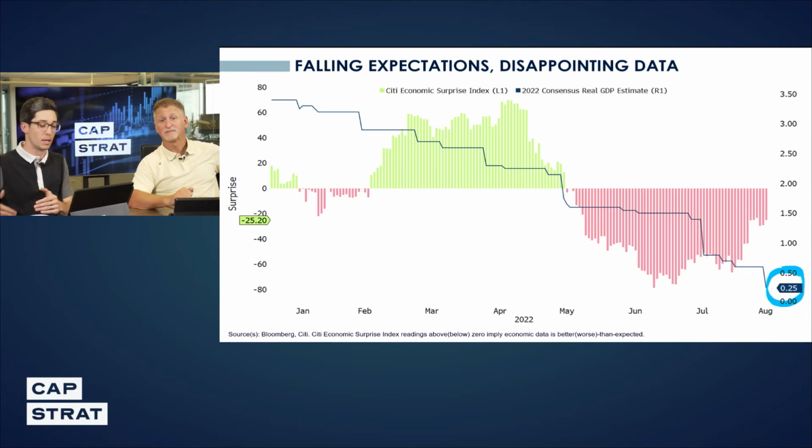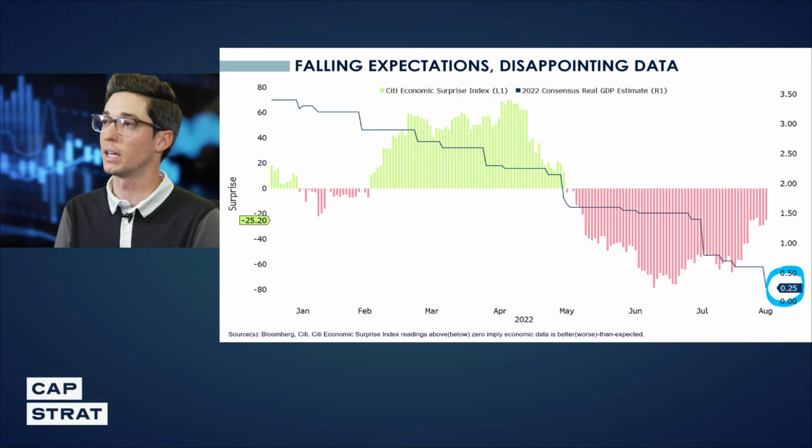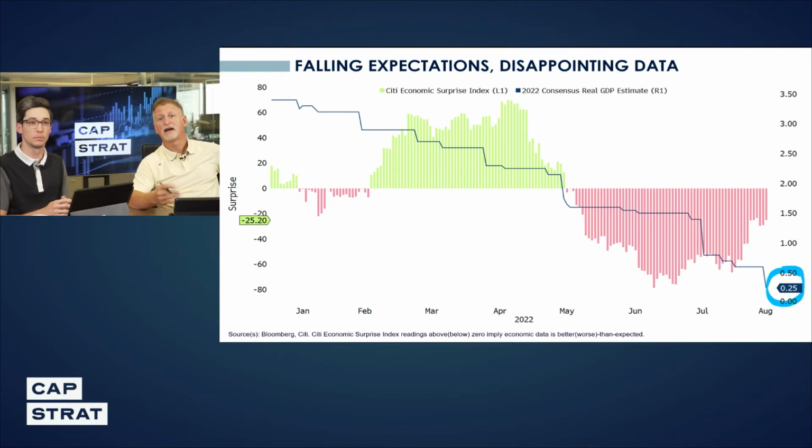But in order to have a comeback, the data has to start coming in better than expected, and it has not. We got more ugly reports today with Empire Manufacturing and the NAHB Home Builder Sentiment Survey. We need to see that red shaded area flip green. And we need 2 super strong quarters of growth in order to get to flat for the year.